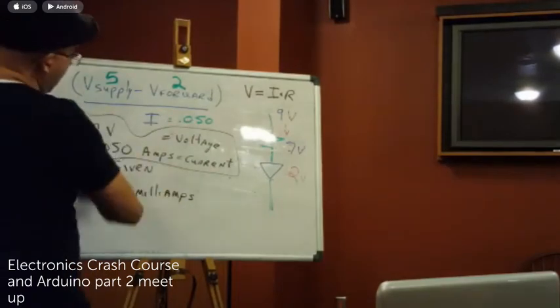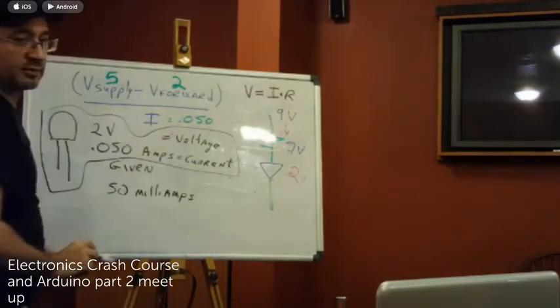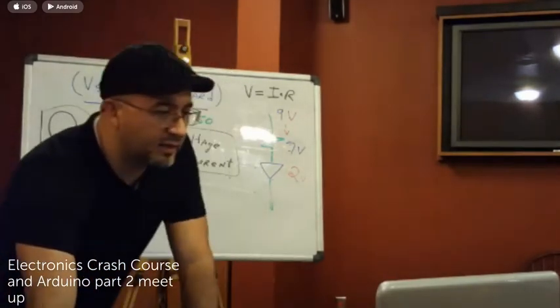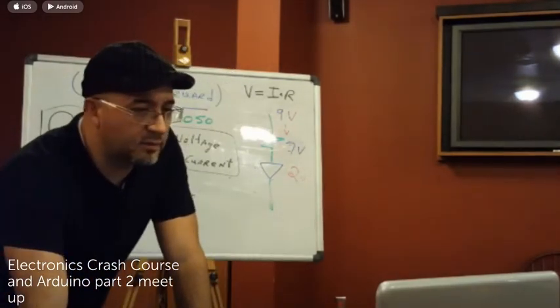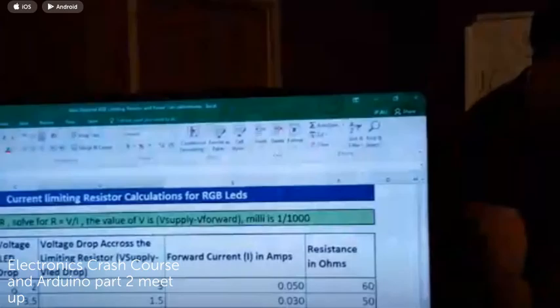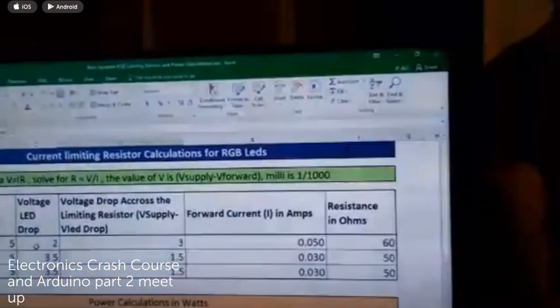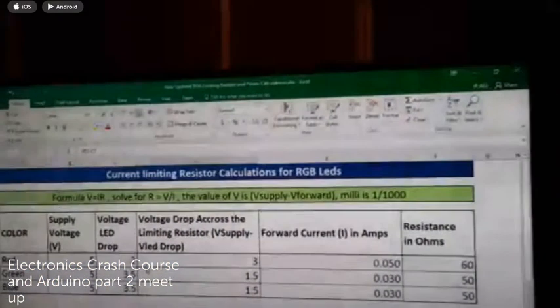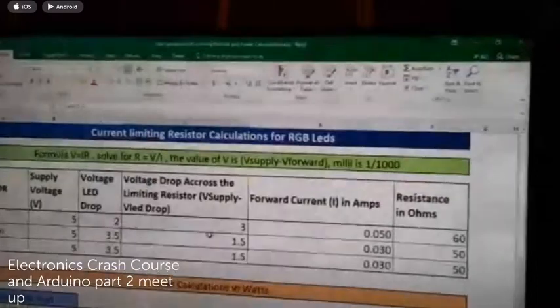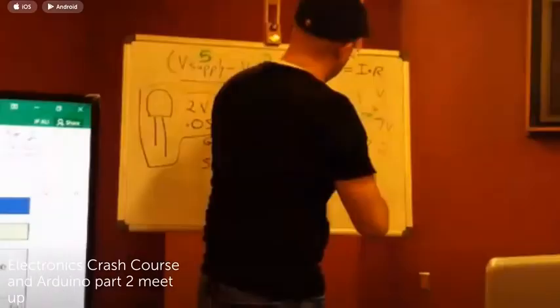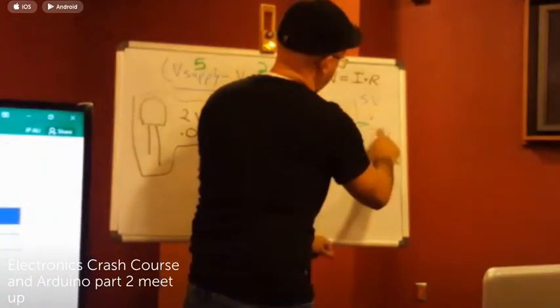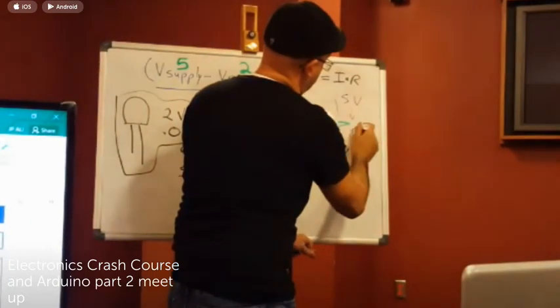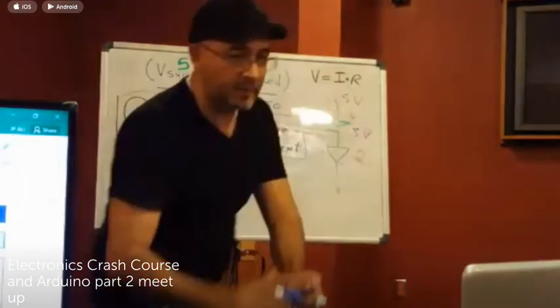So we already did the calculation with our calculator. For the red, we have a 5 volt supply coming from the Arduino. We need a 2 volt LED drop. So the voltage drop across the limiting resistor is 3. There's 5 volts, 3 drop, we get 2.